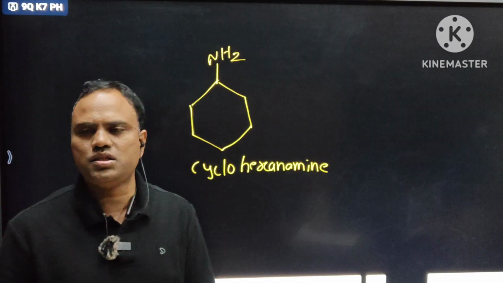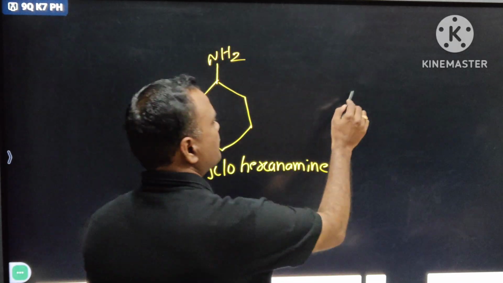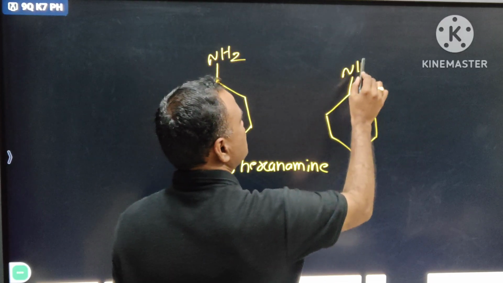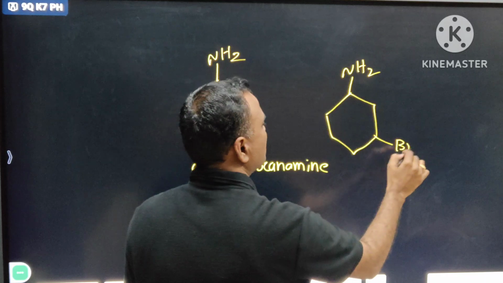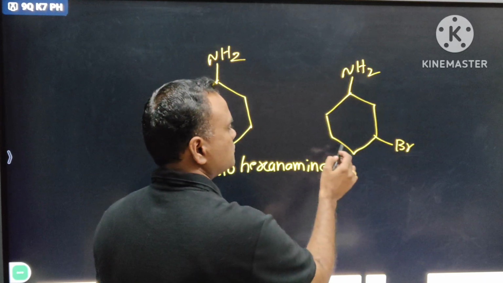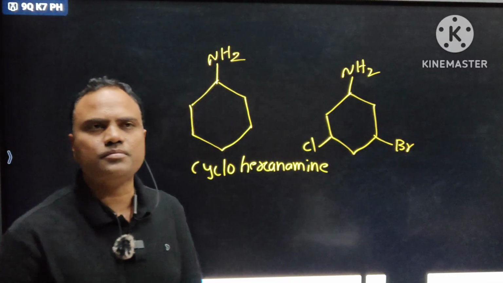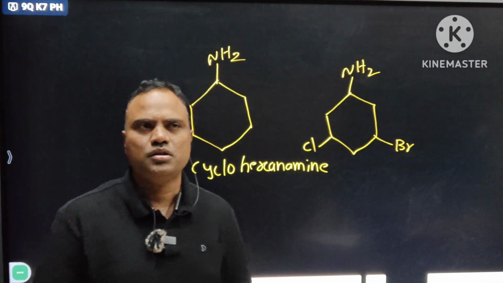If it has any substituents, then we have seen only plain examples so far. Let us take some substituents also. Can you give its name? I am attaching 2 substituents. You tell me.